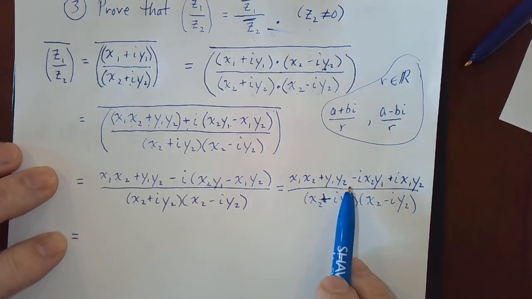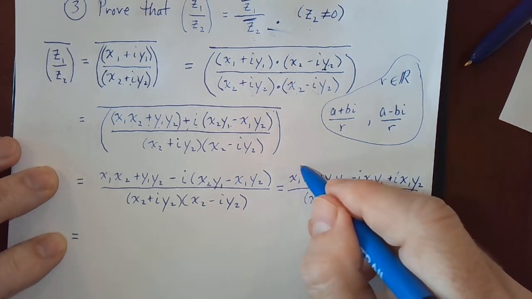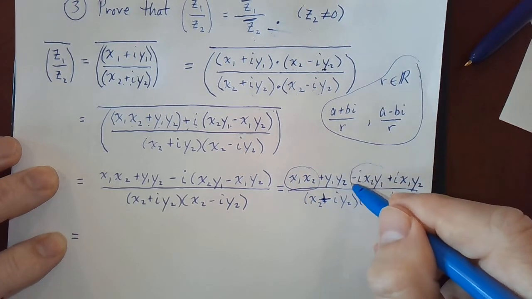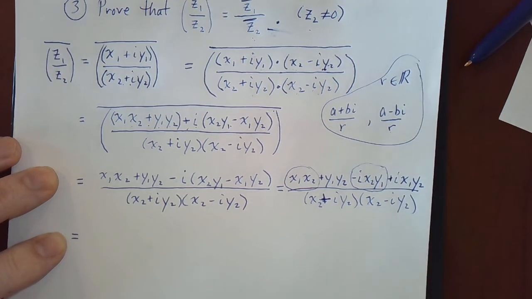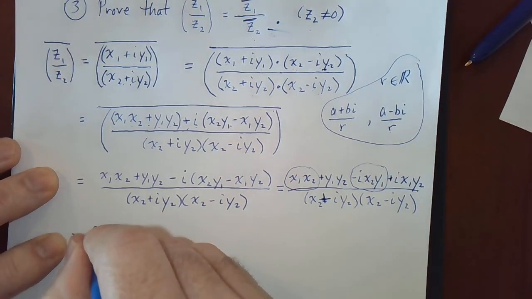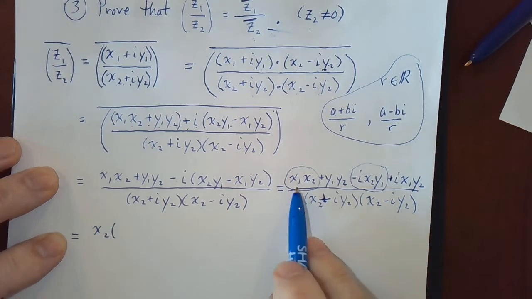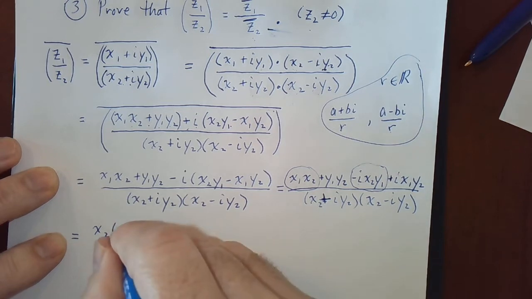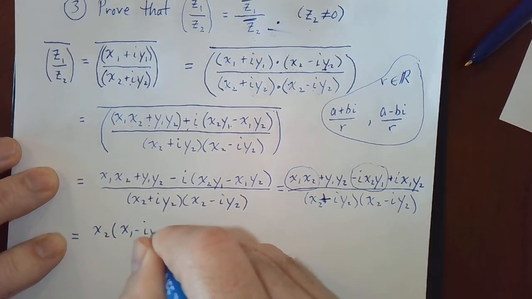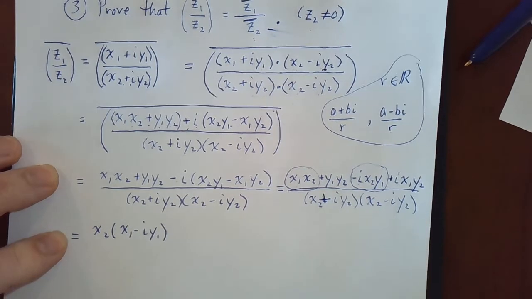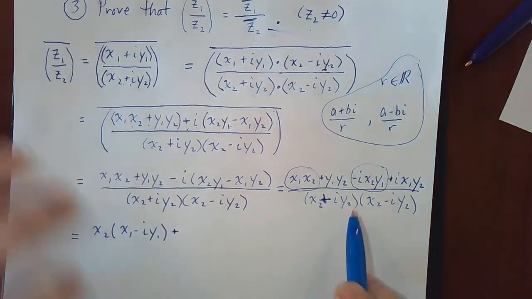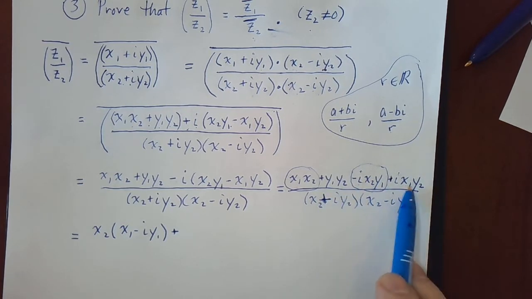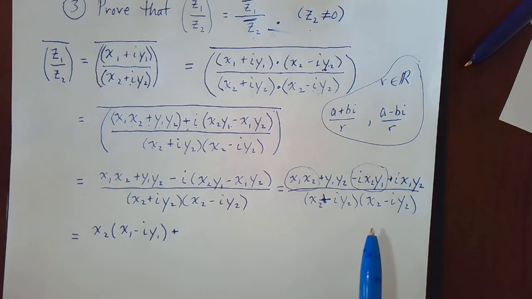The first thing I'm going to take out is x2. Let me find the two terms that have an x2 in them. Right there. So if I pull out the x2, I'm going to get x1 minus i y1. Plus, now this is the only tricky part of the proof, though it'll be simple to verify.